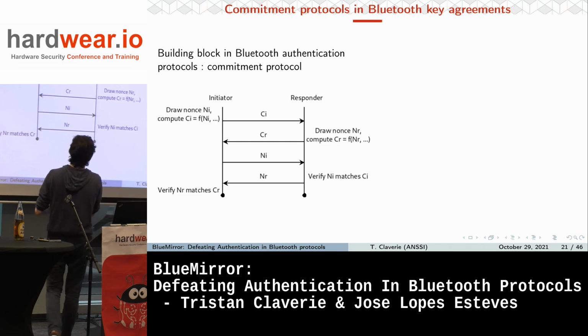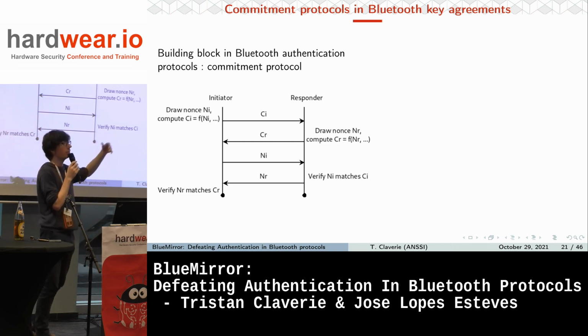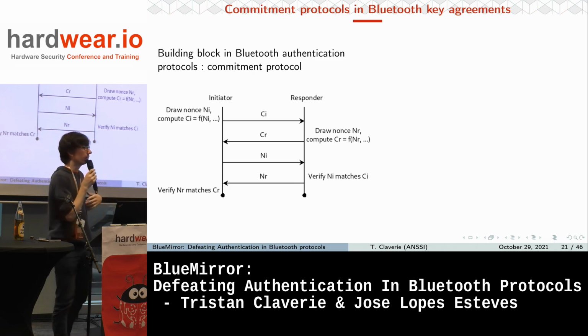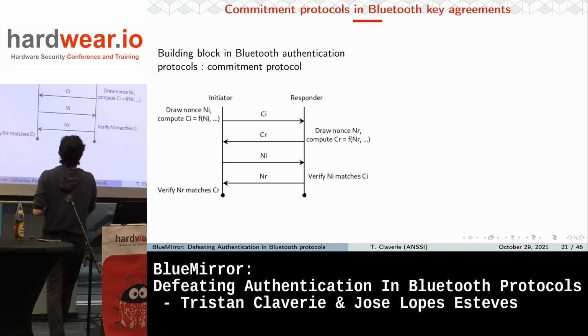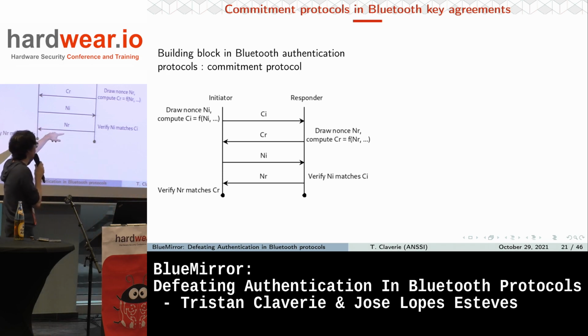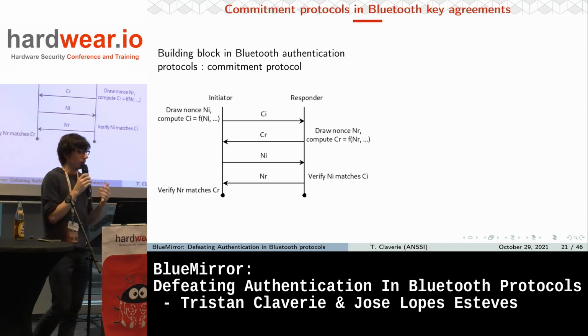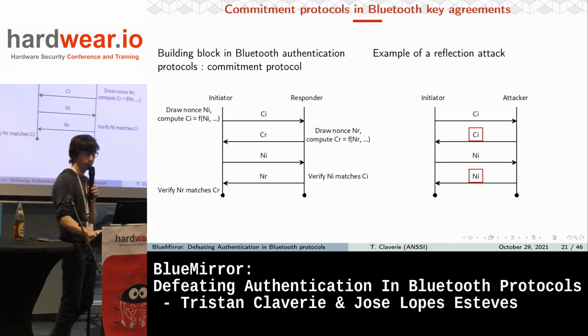This confirmation value is computed from the random value and maybe the authentication secret, maybe the address of the devices, basically anything they want to authenticate. Then the initiator sends the nonce, the responder does the same. And if the nonces received match the commitment received, the two devices have mutually authenticated.